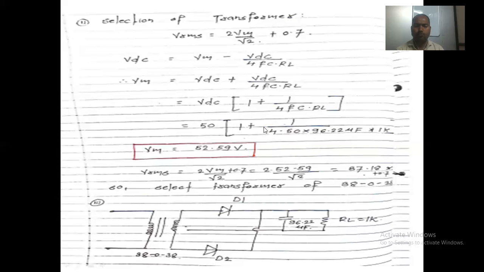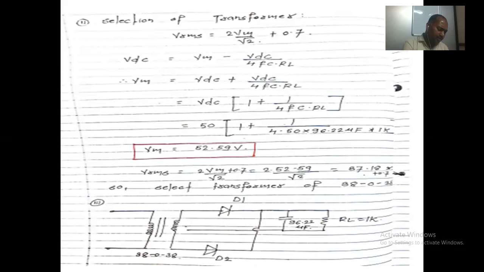Okay, plus 1. Plus 1. Okay, 1.05. Okay, into multiply by 50. 52.59. That is the answer.